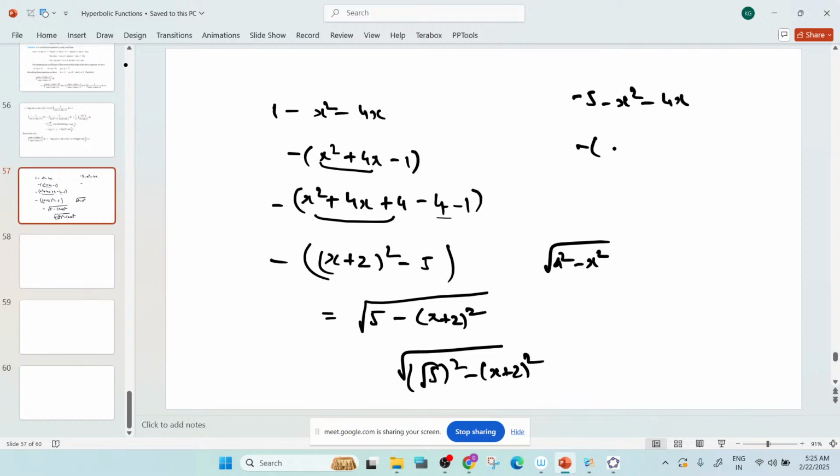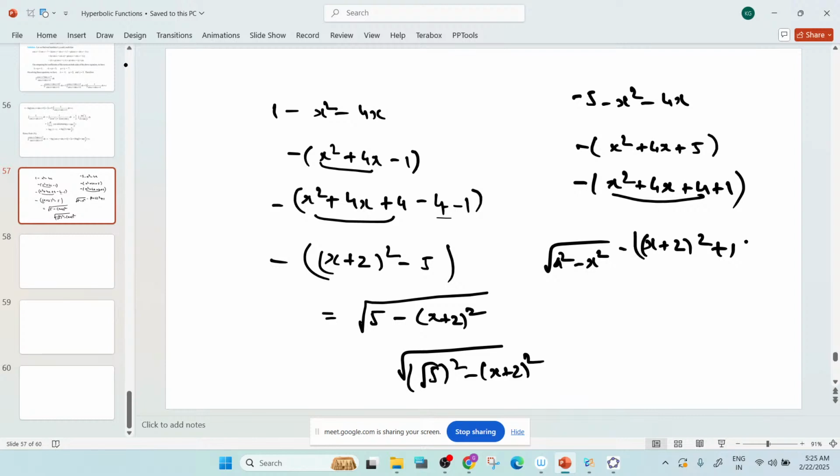So this becomes what? X square plus 4x plus 5, right? It becomes x square plus 4x plus 4 plus 1. This 5 we have split to make this a perfect square. X plus 2 whole square plus 1, negative of this.